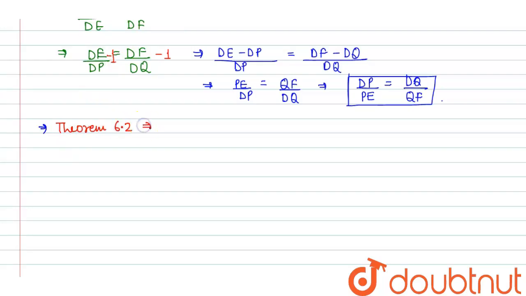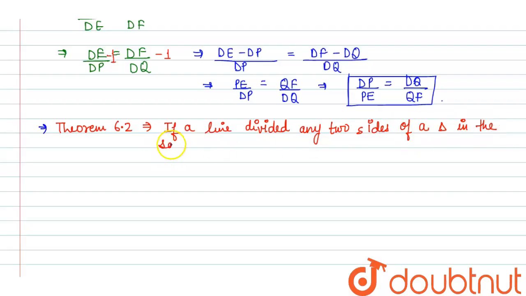So according to theorem 6.2, if a line, which is PQ in this question, divides any two sides of a triangle, which are DE and DF in this question, in the same ratio, then the line is parallel to the third side, means PQ is parallel to EF according to our triangle.